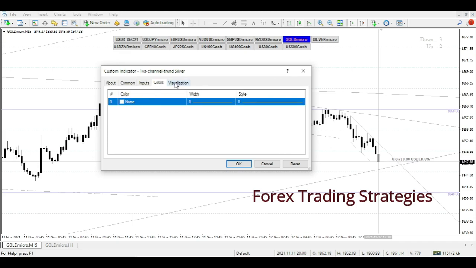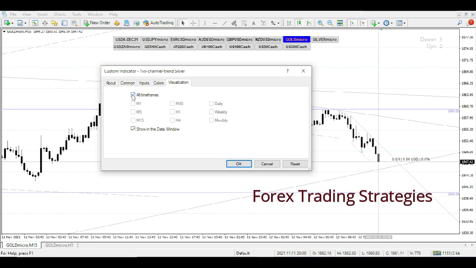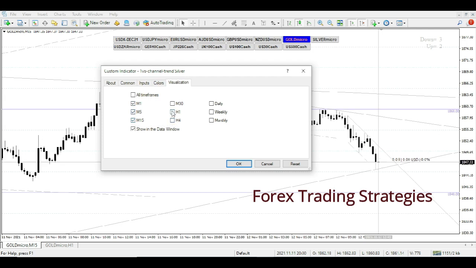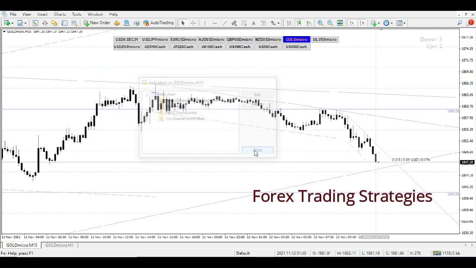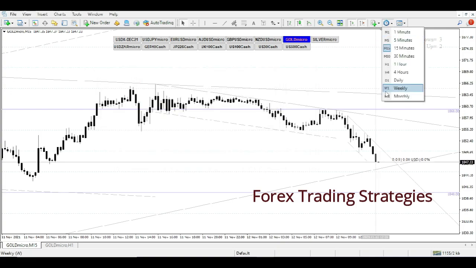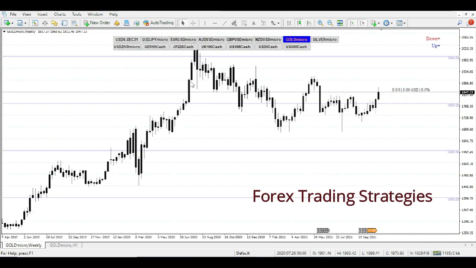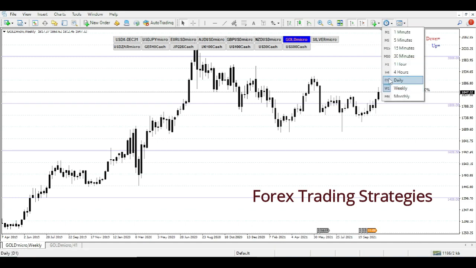Otherwise, here you cannot change anything. This almost works like even on TradingView. You can choose where you want the channels to appear. For example, let's say you only want them to appear up to the daily chart. And say close. You find that when you go to the weekly, it is blank because our channels are only appearing up to daily.